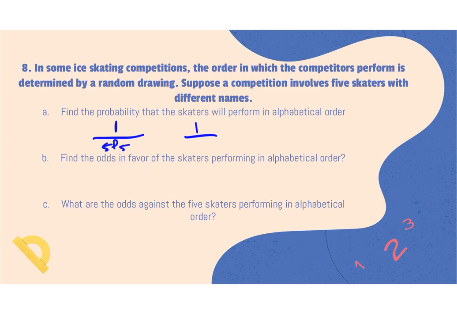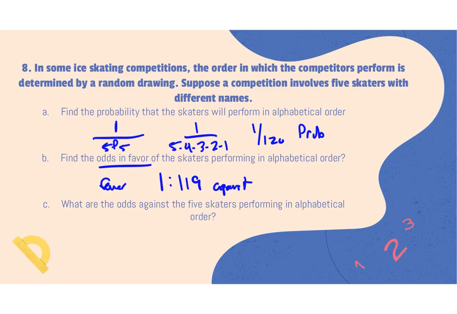Another way to think about that is 5, 4, 3, 2, 1. So that's going to be 1 out of 120. That's your probability. The odds in favor is going to be 1 to 119. And then the odds against is going to be 119 to 1.